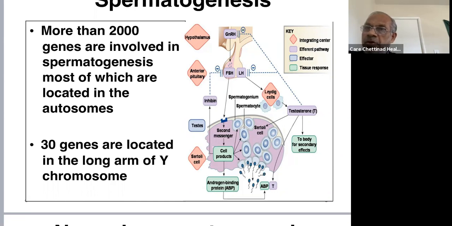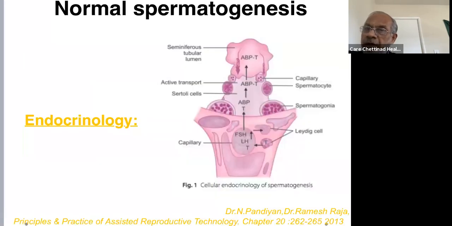This again is to give you another view of it, at the molecular level. The FSH, LH, and testosterone circulate in the blood. FSH acts on the Sertoli cell, LH on the Leydig cell. The intravascular testosterone is transferred to the intraluminal compartment by Sertoli cells by a protein called androgen binding protein.